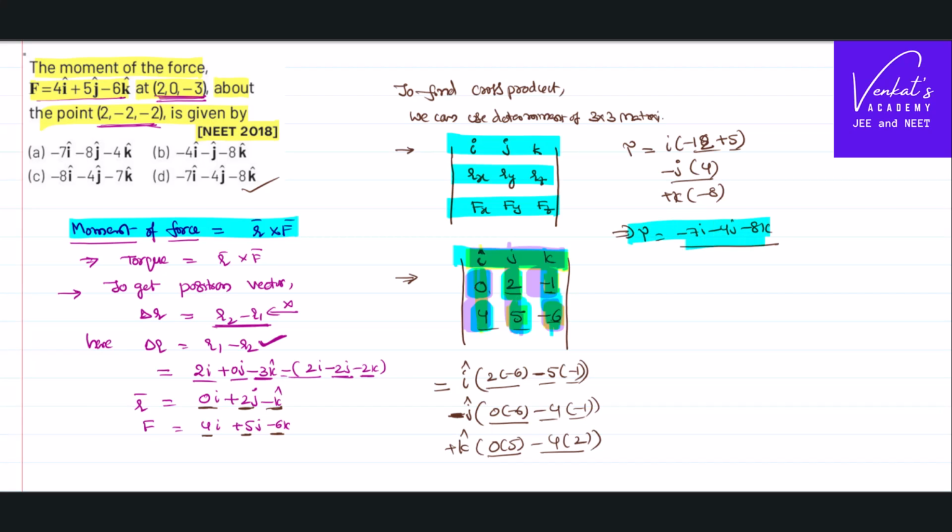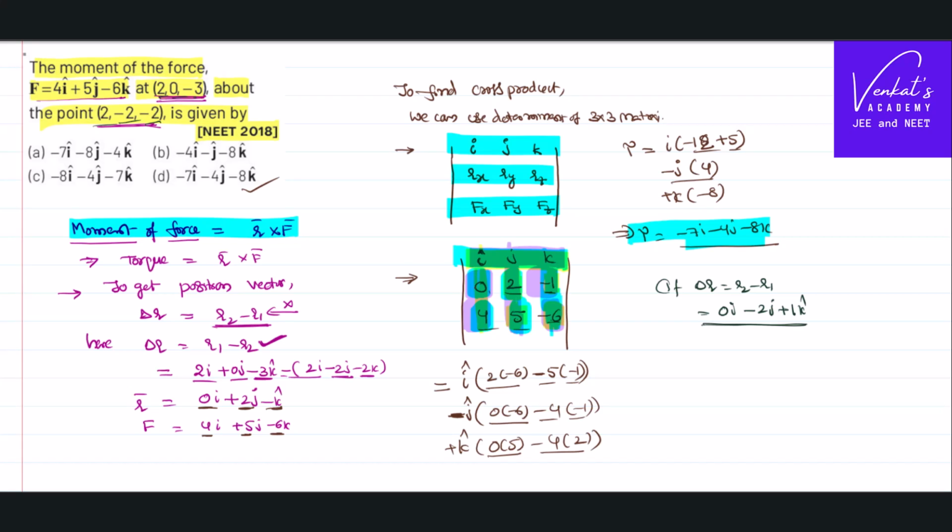And I want you to check, in case delta R is written as R2 minus R1, I will get R2 minus R1 as 2 minus 2, 0i cap, minus 2 minus 0, minus 2j cap, minus 2 minus of minus 3, plus 1, equal to plus 1k cap.